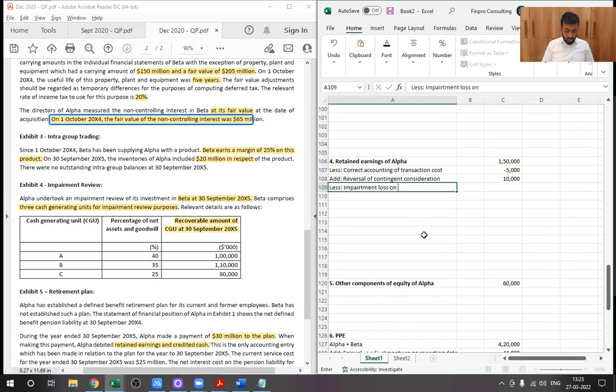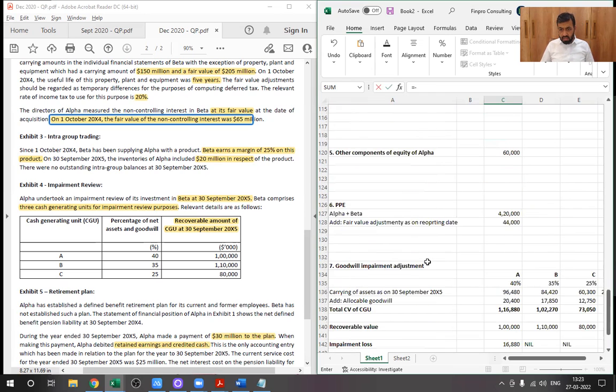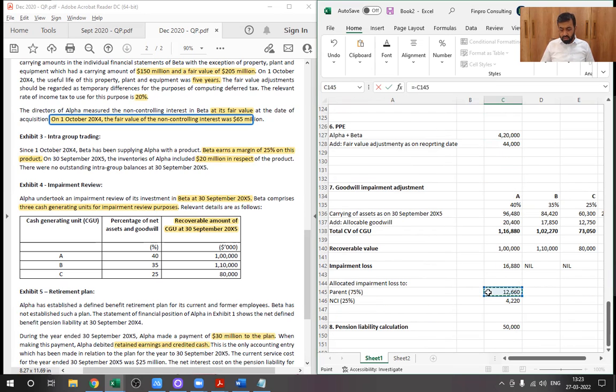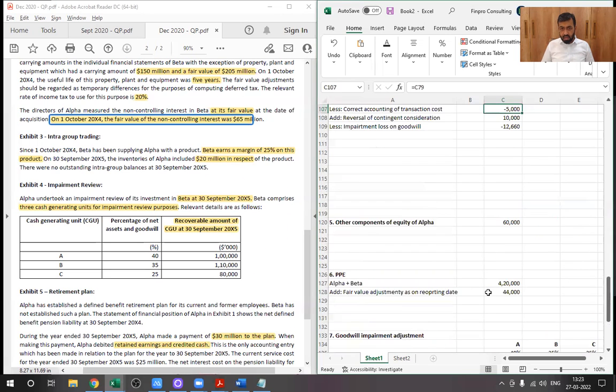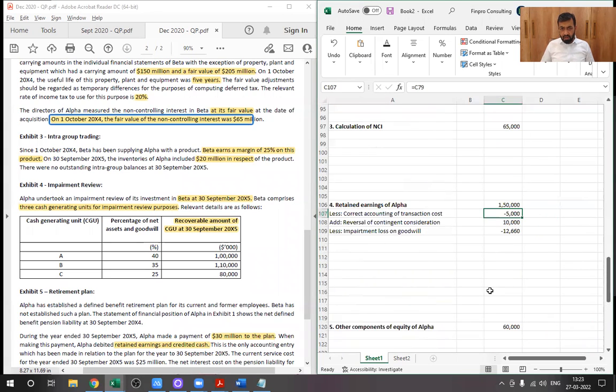So go to this working note, say less impairment loss on goodwill, working note number whatever. We'll have to write the working notes where we have not written them. This is minus, with respect to parent. And in NCI, you have calculated NCI here, impairment loss.